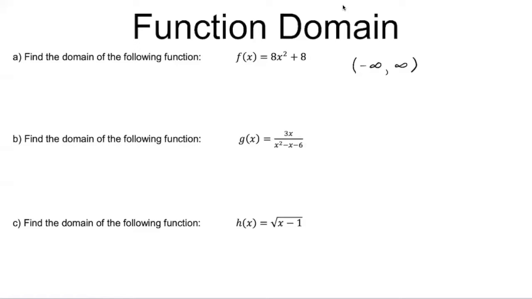What I have to do in this case is factorize the denominator, giving me 3x over, and I need two numbers that multiply to -6 but add up to -1. That gives me x minus 3 and x plus 2. So what we have is a scenario where x cannot equal 3 and x cannot equal -2.